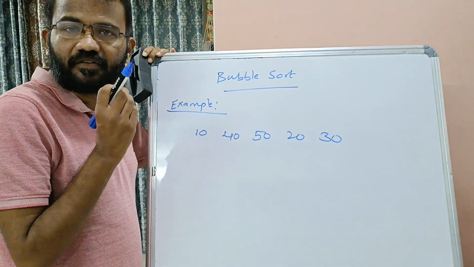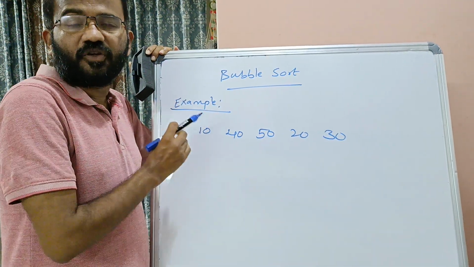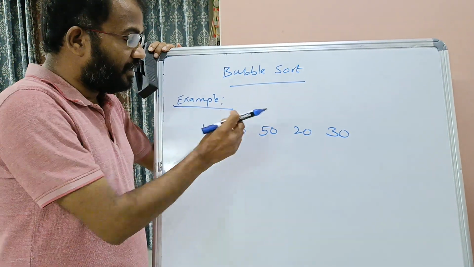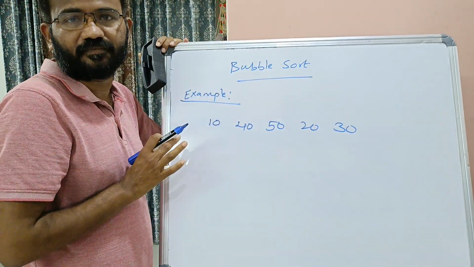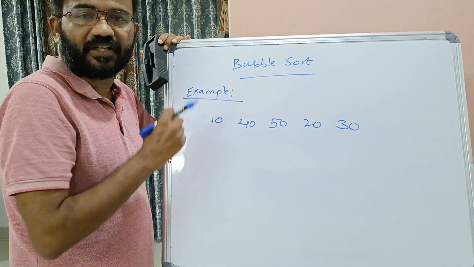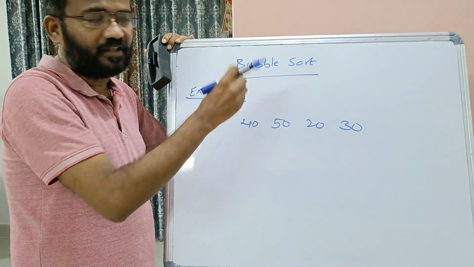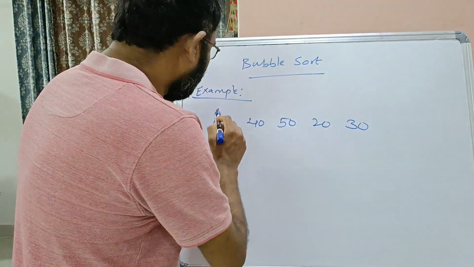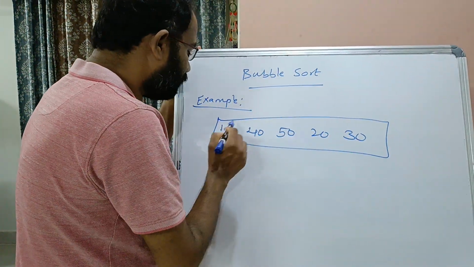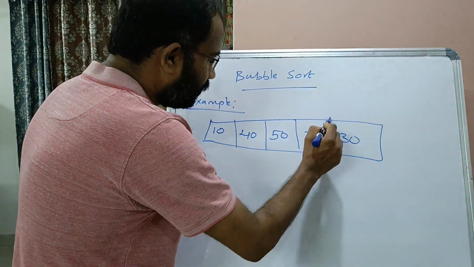So in these 5 elements, after the first iteration, 50 has reached its position. Next 40 reaches its position, the next highest. Then 30, 20, 10. This is the process. So this is the array.